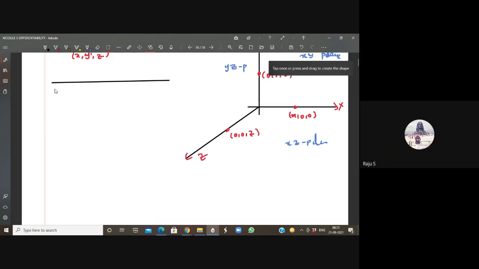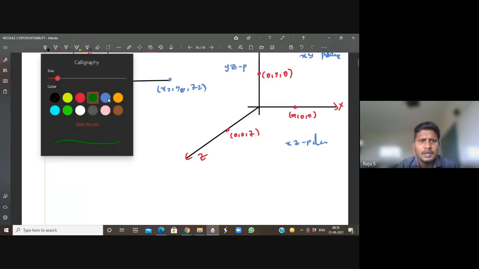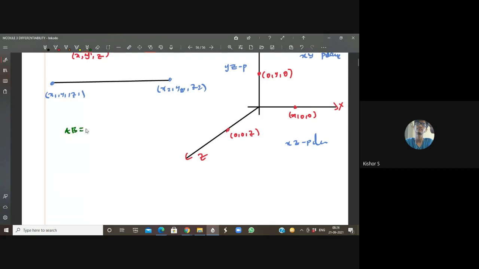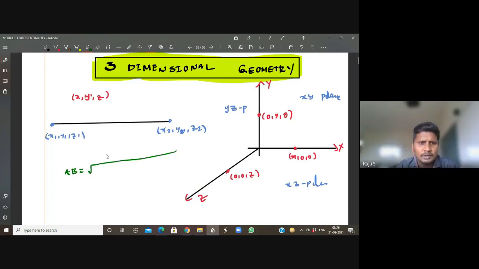Let us take this point as x1, y1, z1, and this point as x2, y2, z2, and the distance from one point to another point is the square root of x2 minus x1 the whole square plus y2 minus y1 the whole square. Here we have a third variable also, that is z2 minus z1 the whole square.